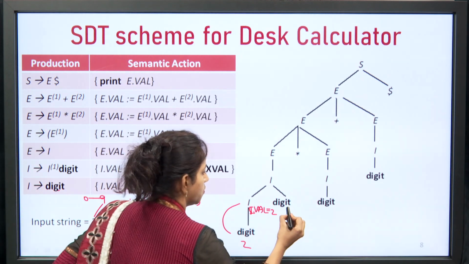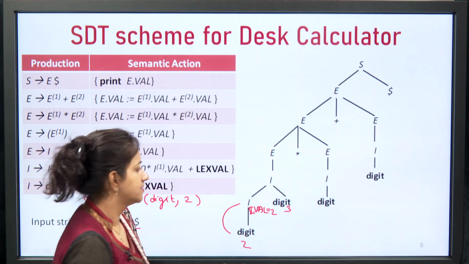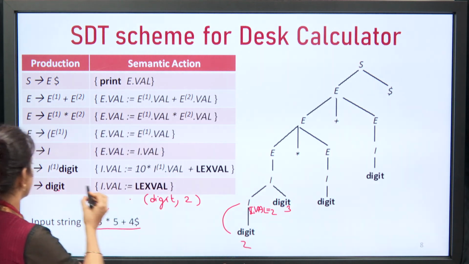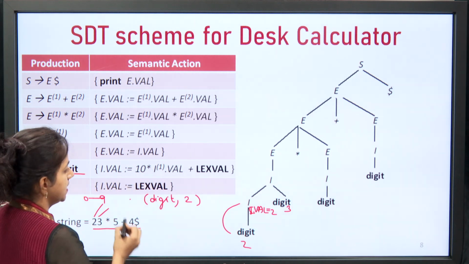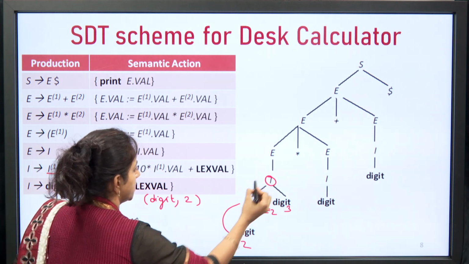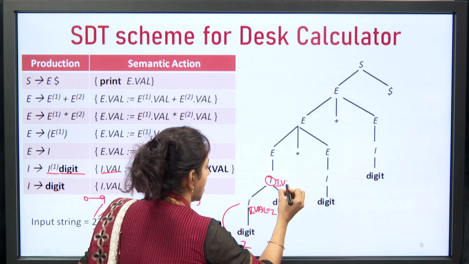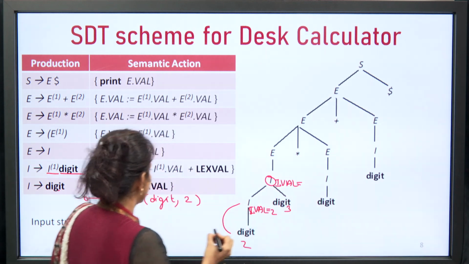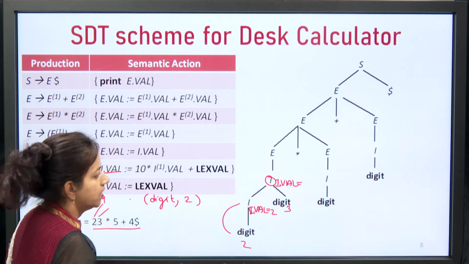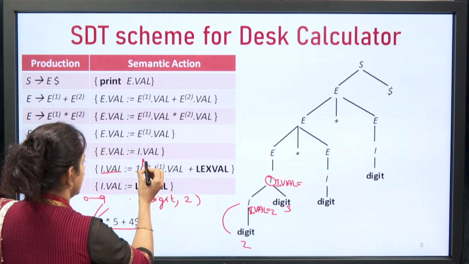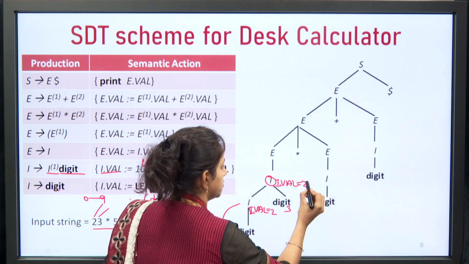Again a token will be produced by the lexical analyzer and sent to the syntax analyzer, which will apply the rule I to I digit. Here the semantic action calculates I dot val, which is equal to 10 into the I value plus the lex value. So, we will get 10 into 2 plus 3, which is 23.